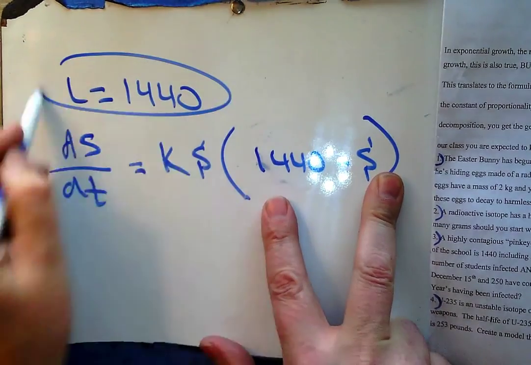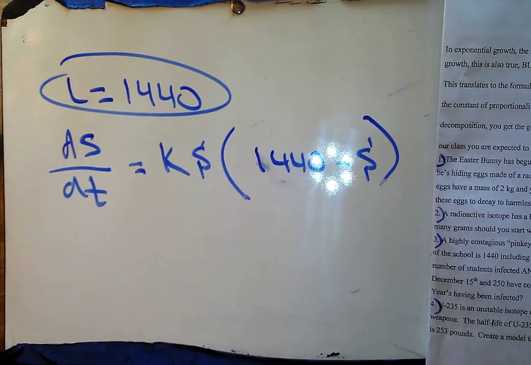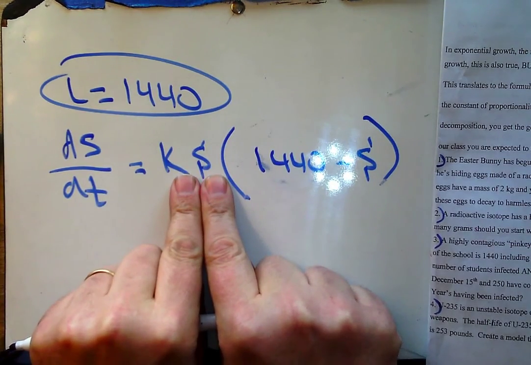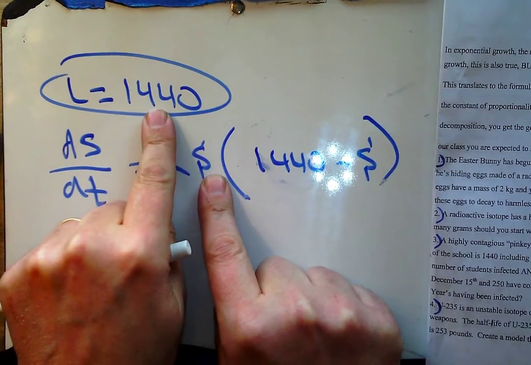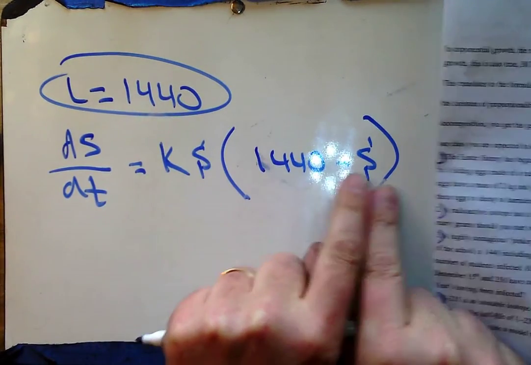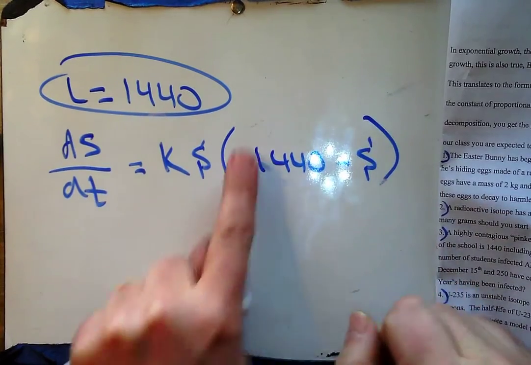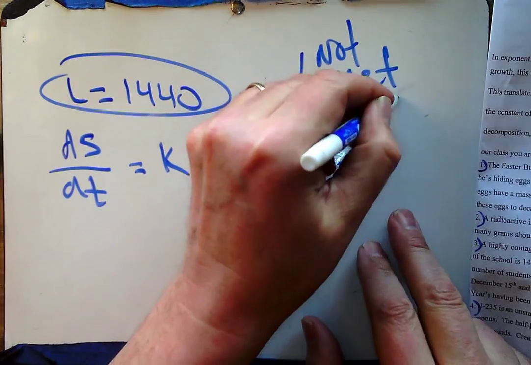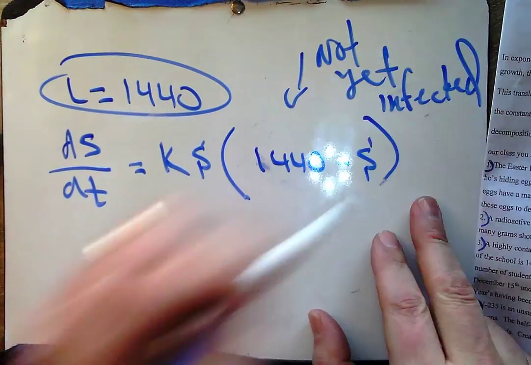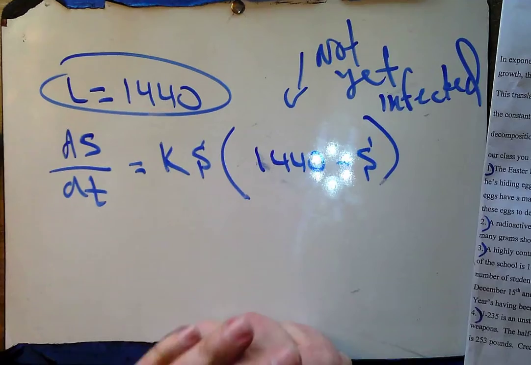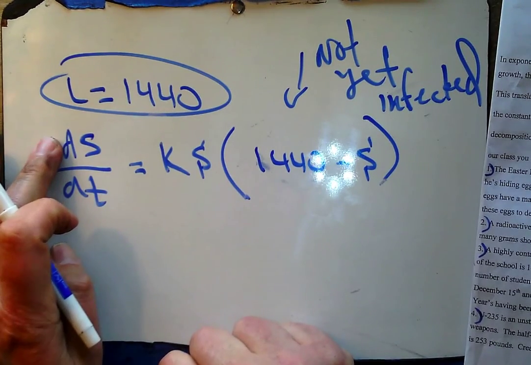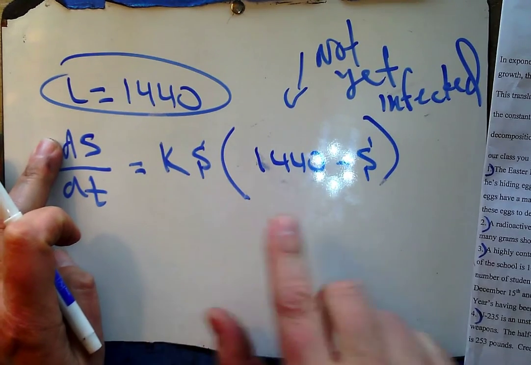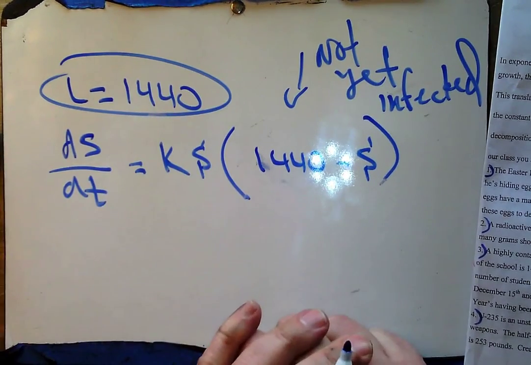Total number infected can't go above 1440. There's only 1440. So, if S of them have already been infected, and we can only have a total of 1440, then 1440 minus the kids who are already infected. These are the kids who are not yet infected. And these are the kids who are infected. And so look, the rate of change in the number of students who are infected is proportional to how many are infected and how many are not yet infected.